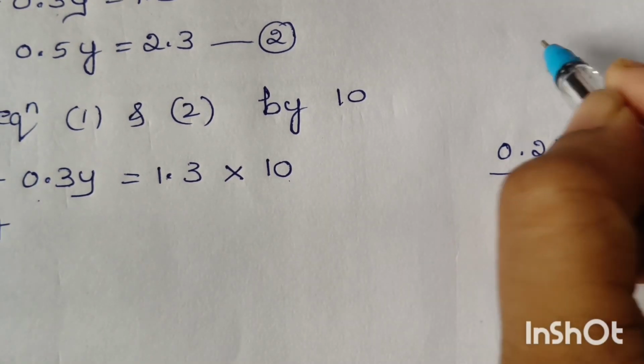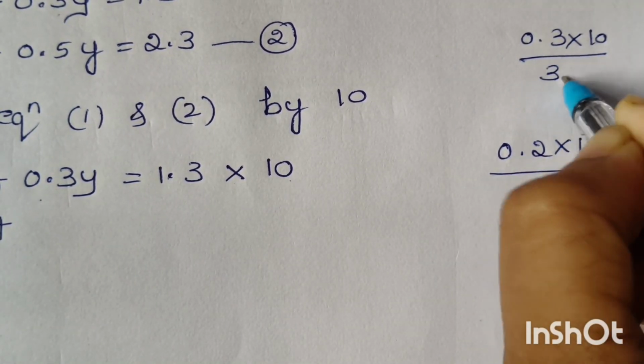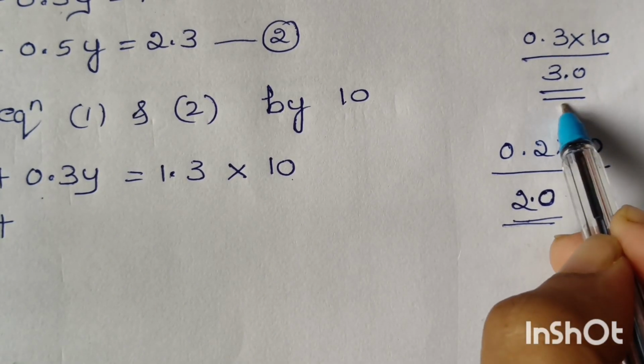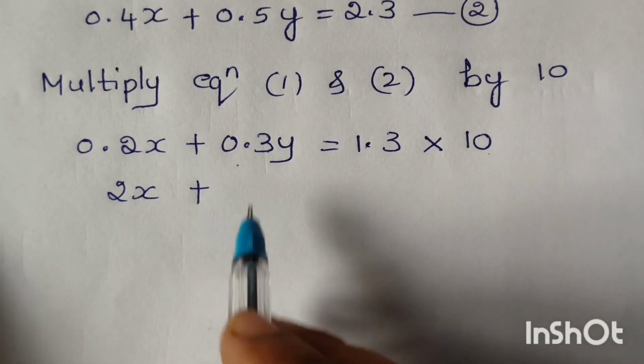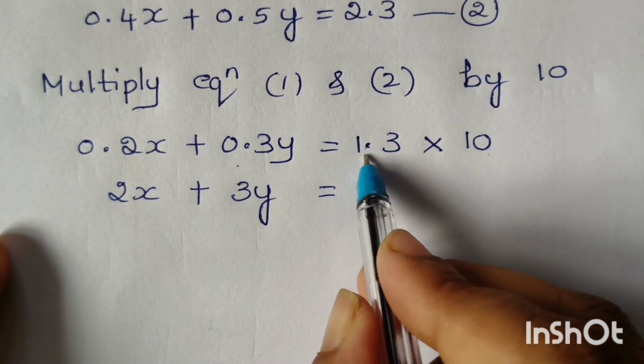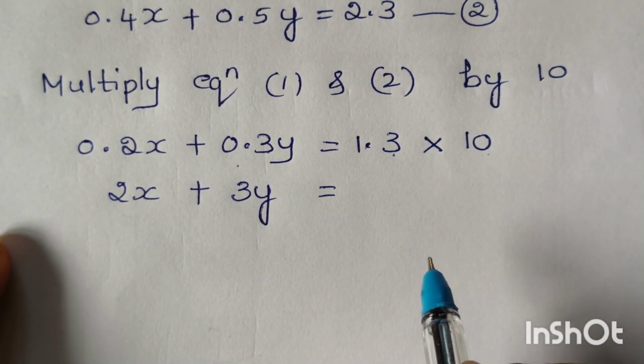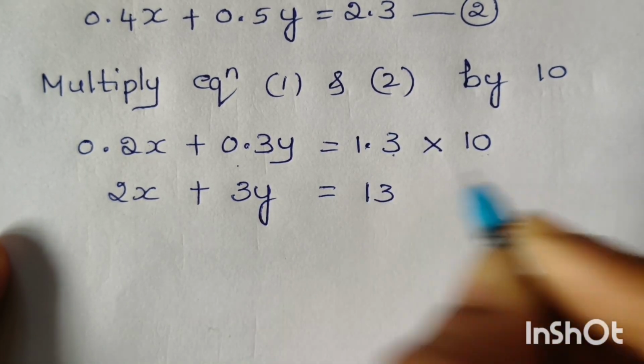0.3 into 10, what will it become? 3.0. It is nothing but 3. Therefore 0.3y, I will write as 3y. And 1.3 into 10 will become 13.0, nothing but 13.